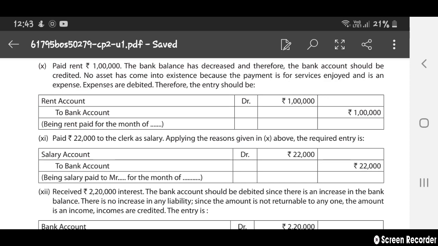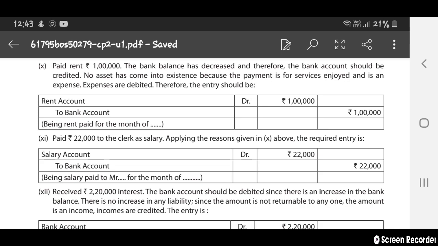No asset has come into existence because the payment is for services enjoyed and it is an expense. Expenses are debited, so think of it like that: the expense has been debited.